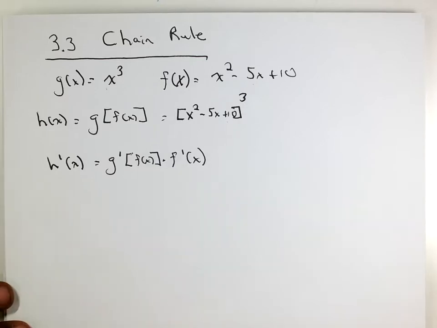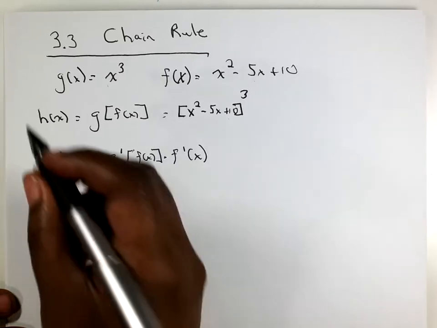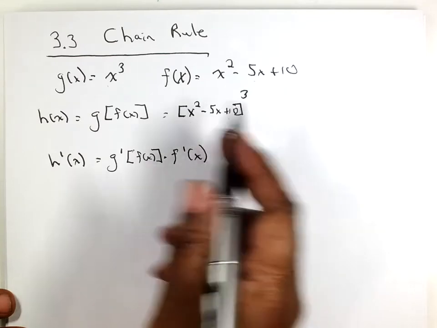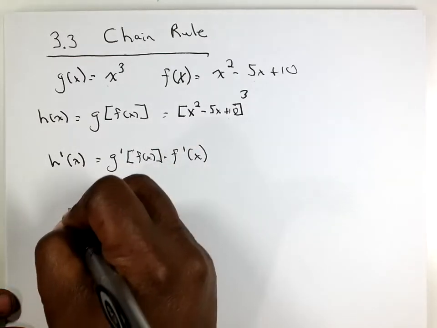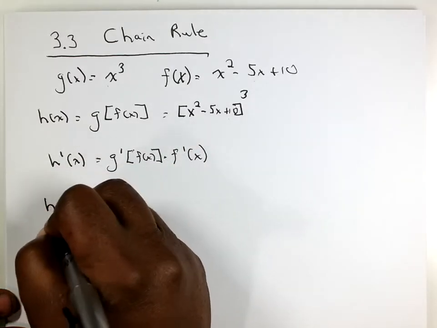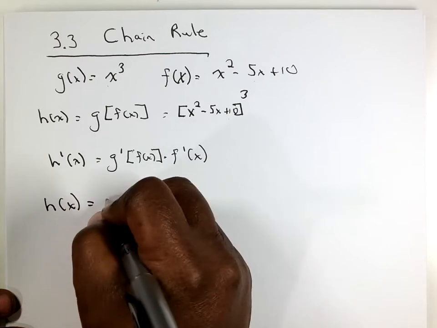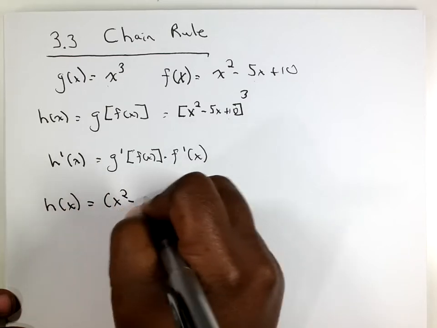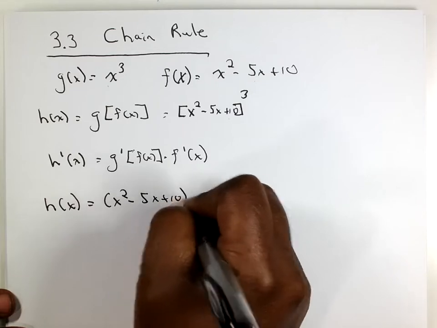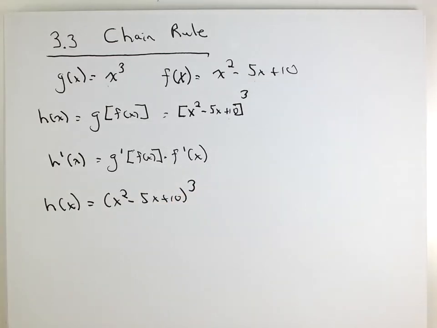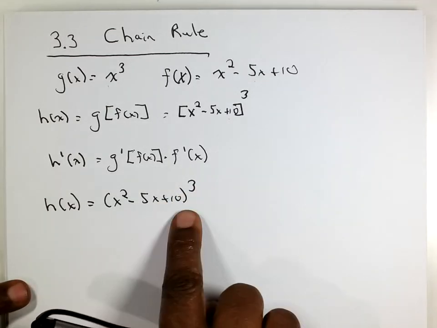So back to my example, I have x squared minus 5x plus 10, cubed. So that's my h of x. So my outer function is just something that's being cubed.